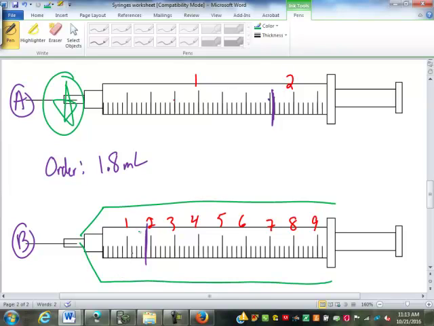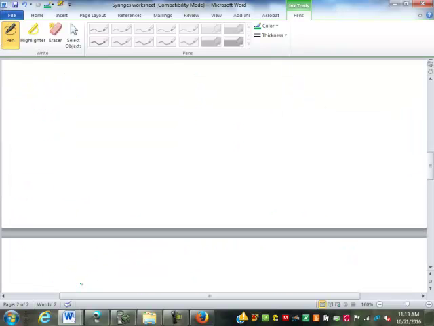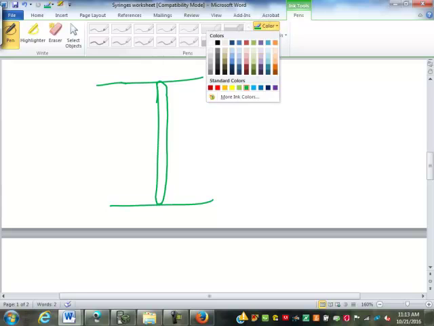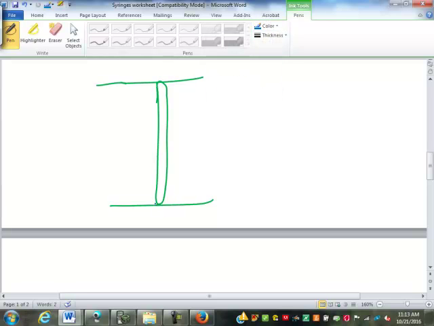When we do a measurement, it's never perfect. Say I'm going to focus in on where that plunger is inside the syringe. So there's the end of my plunger, the rubber seal at the end of my plunger. If my marking is right here, that's where I want that plunger to be.